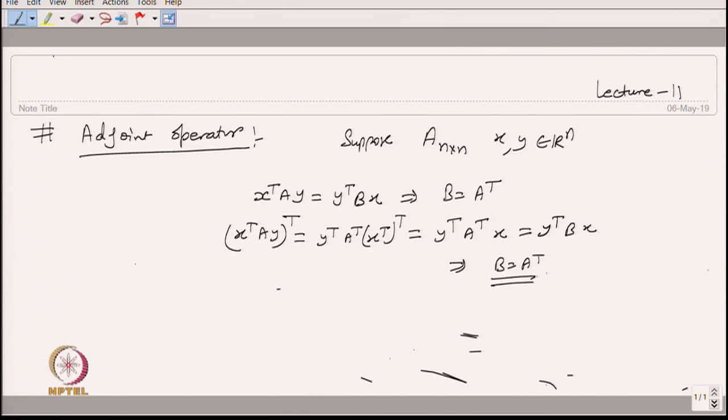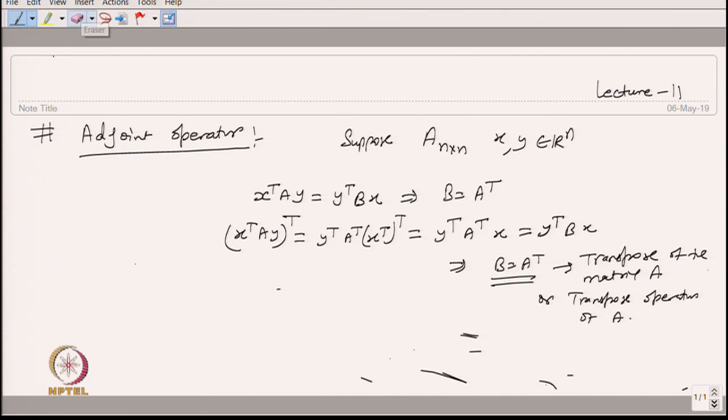So this is called the transpose of the matrix A, or we also call it the transpose operator of A, because we know that a matrix can be written as a linear transformation, and then it can be written as an operator.